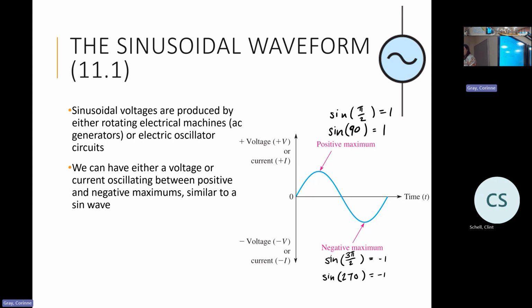And with this, we want to make sure that we're understanding what is going on with our circuits. So before we get into that, any quick questions about sinusoidal waveforms?